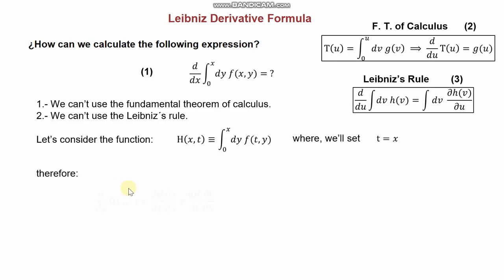Let's differentiate h and we obtain this expression. Now we compute each term on the right hand side. ∂h/∂x can be computed using the fundamental theorem, because this time f is explicitly independent of x.